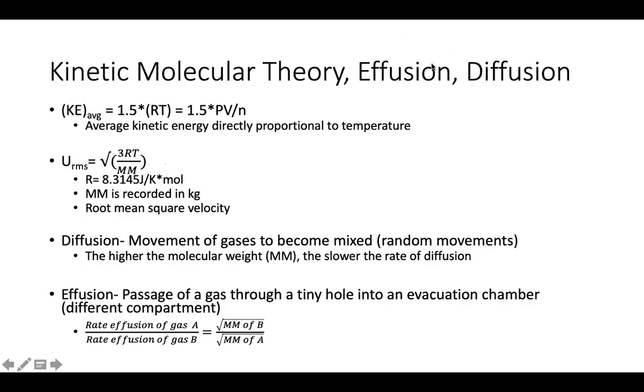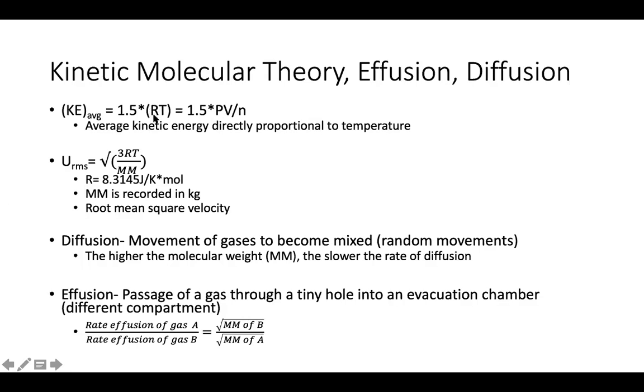Somebody asked if R equals 0.08206 in the kinetic energy equation. I will not lie, I'm not completely sure, but I would say with 95% confidence that it is your 0.08206 in your kinetic energy equation.